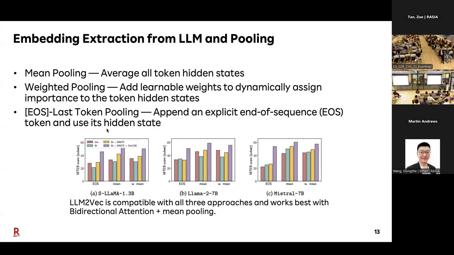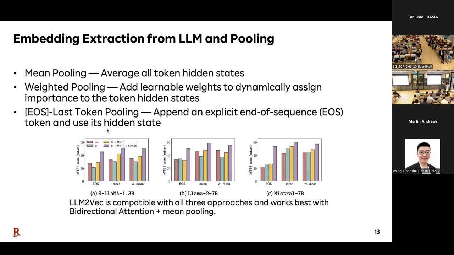So the first method is called mean pooling, where we average all the token hidden states. So here is very important because we have many tokens and all of them have hidden states. So how to balance the hidden states and retrieve the best embedding is very tricky. Okay, so the first method is just a very simple one where we just average all token hidden embeddings.